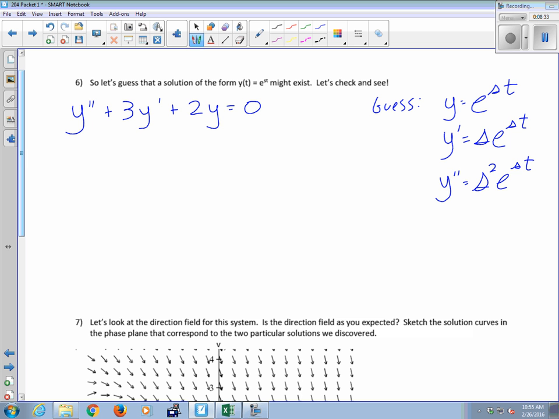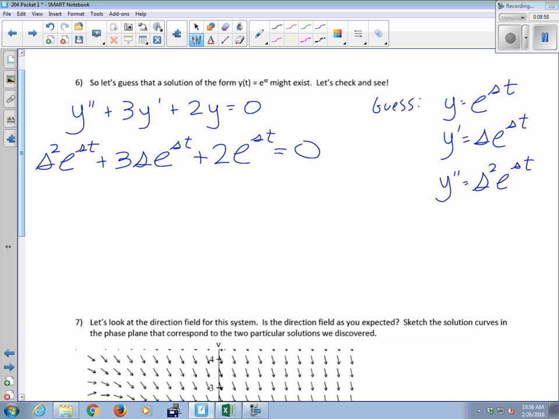So y double prime is s squared e to the st, plus 3y prime is 3s e to the st, plus 2y is 2e to the st, equals 0. Every term on the left side of that equation has what in common?